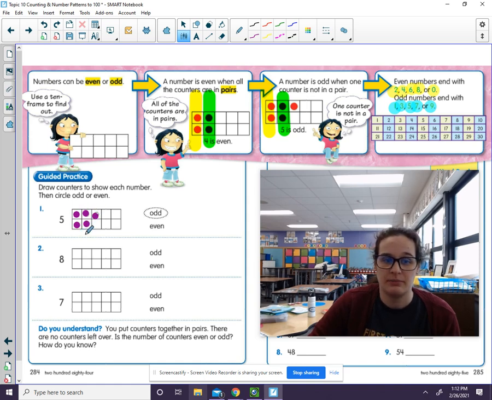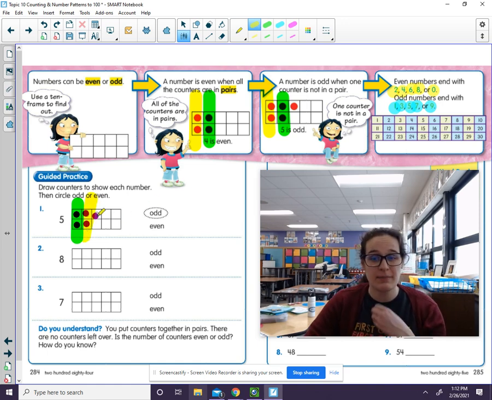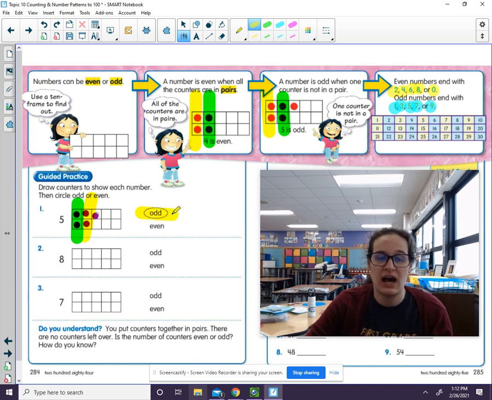So I went top to bottom, okay? So I got 5. Is 5 odd or even? Well, let's check. Does it have any pairs? Well, there's a pair. Here's a pair. But this last one doesn't have a pair. So since they don't all have pairs, the correct answer is odd.